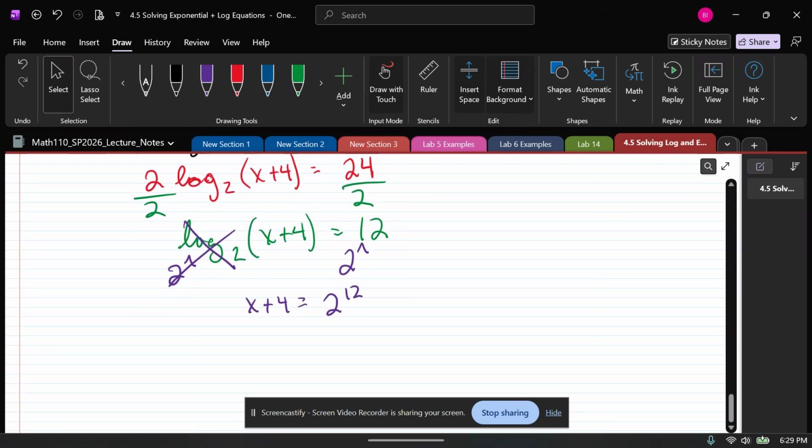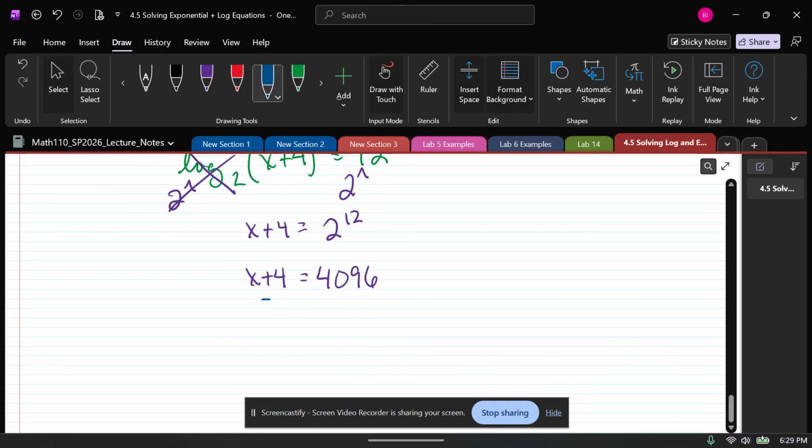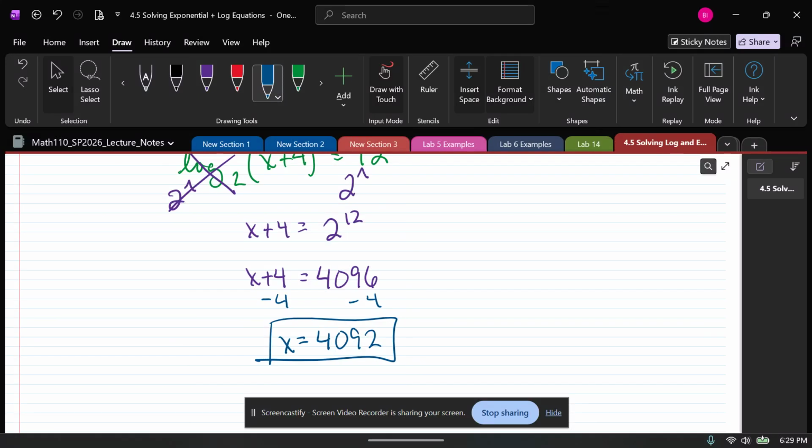Do you know what 2 to the 12th power is? 4096. Four gigabytes is what that is, if you're keeping score. Divide or subtract 4. 4092. Not too bad there. That's pretty good.